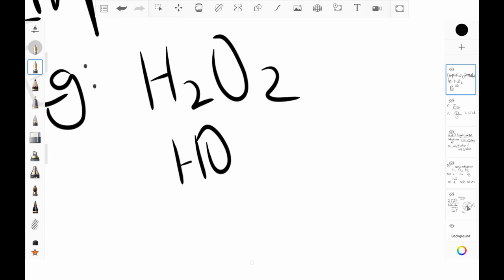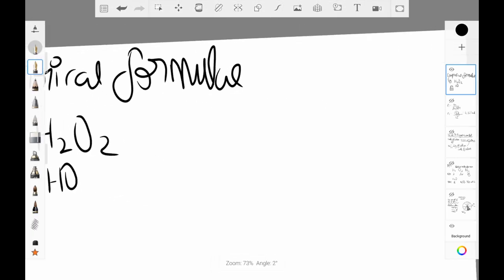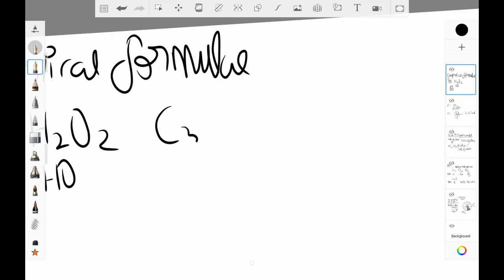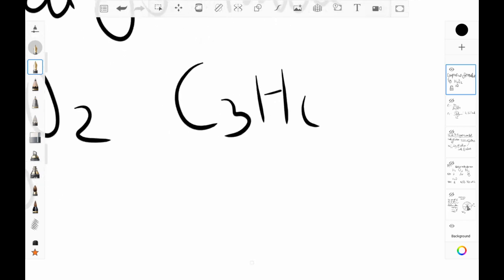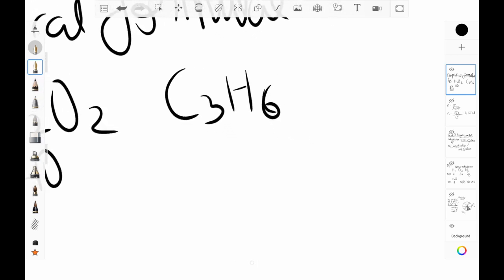Another example would be propane, which exists in nature as C3H6. Propane is an alkane with 3 carbon atoms. But the simplest ratio in which it exists is CH2. Sorry, it doesn't exist as CH2, but that's the simplest ratio that shows the empirical formula.